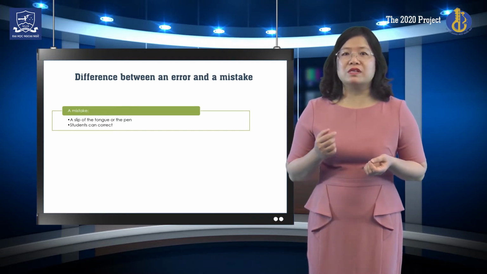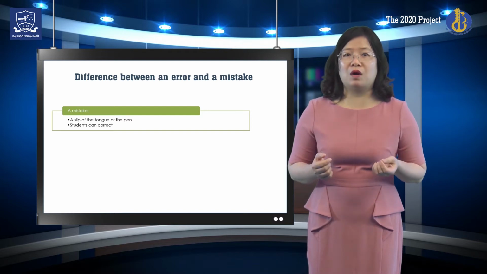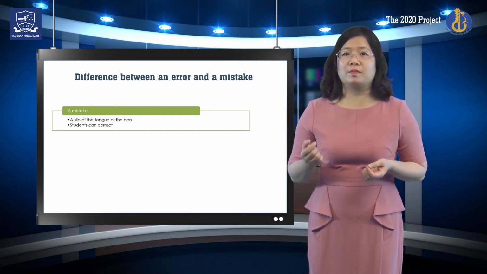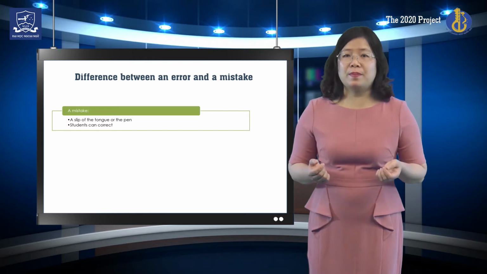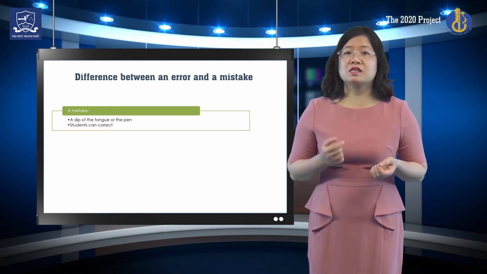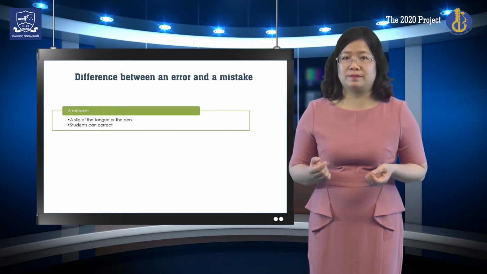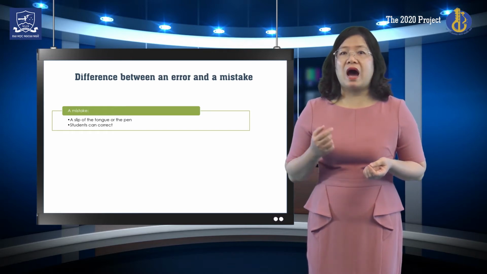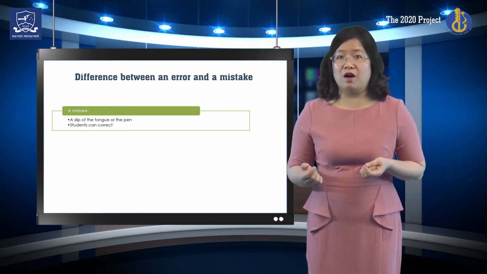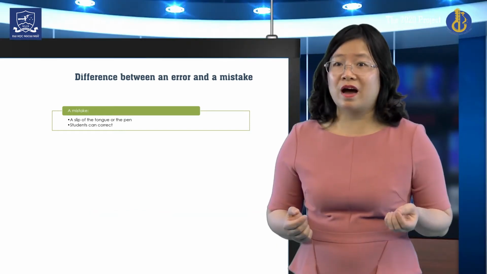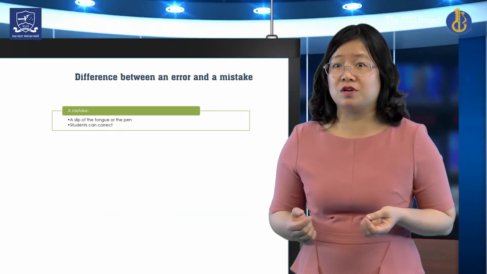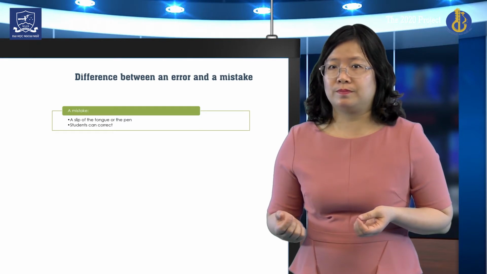Slips are not a result of incomplete language process or a lack of knowledge. They happen simply because students' attention is somewhere else at that moment. Students are able to correct it themselves with or without the guidance of the teacher or other students.